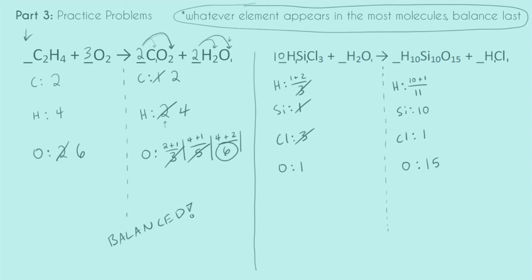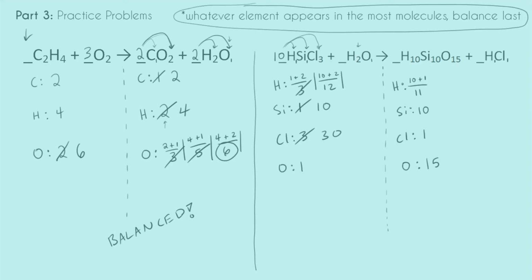So now we have 10 times 1 for hydrogen, so 10, plus the 2 right here. So we have 12 hydrogens. For silicon, we just have the 10 times 1. For chlorine, we have 10 times 3. And oxygen is the same, it just has that 1.